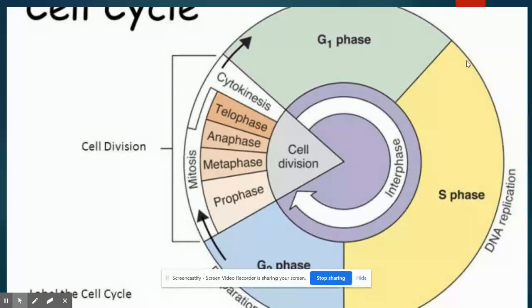It's doing its normal job, and it is replicating the organelles, and it's getting ready for DNA replication. That happens in S phase, where S stands for synthesis, and we're synthesizing or making something, and what we're making is DNA. And then there's G2, or growth 2. That's when the cell is getting ready for division.